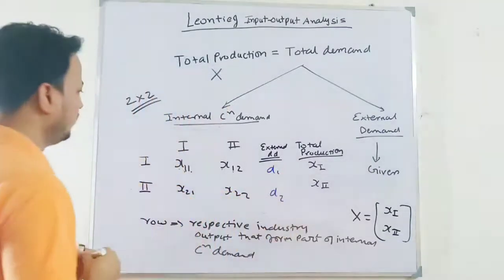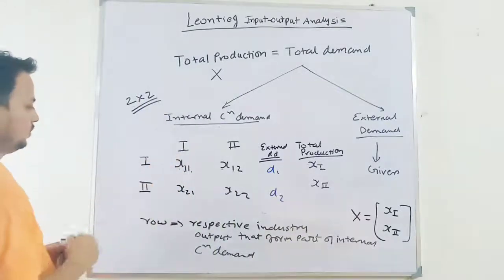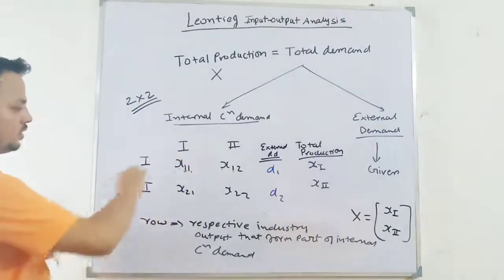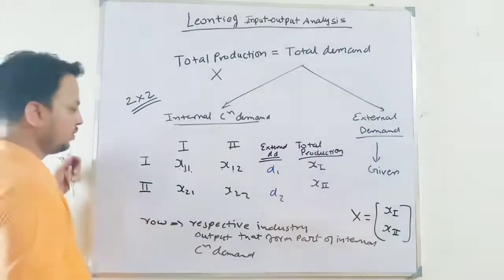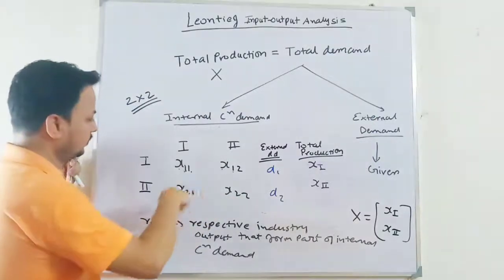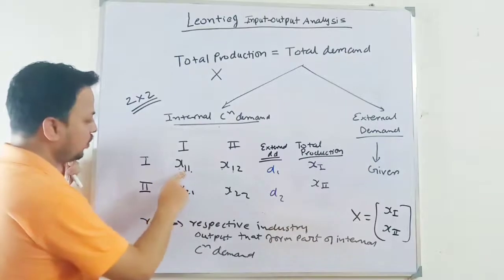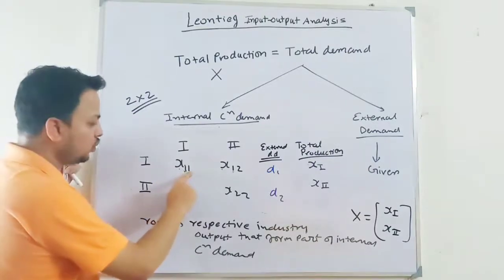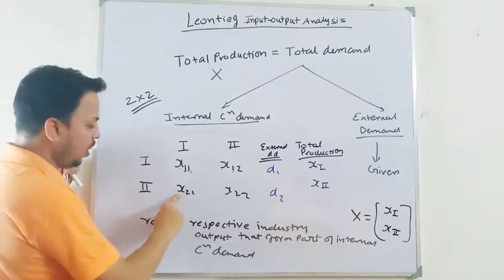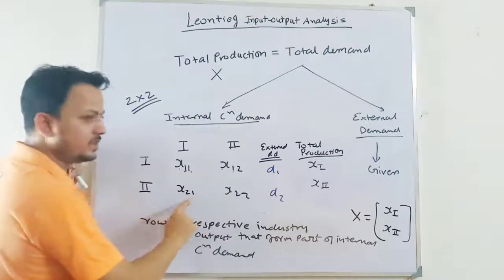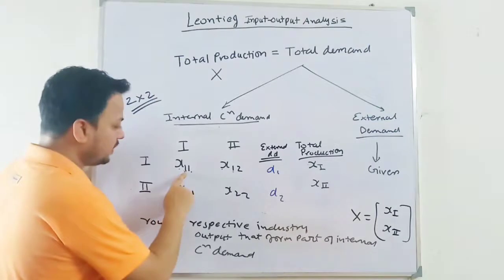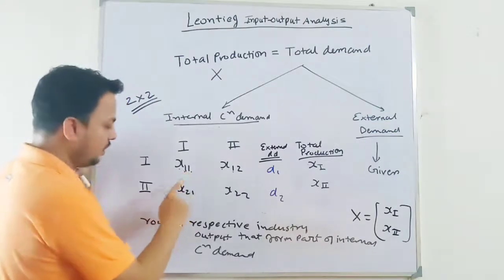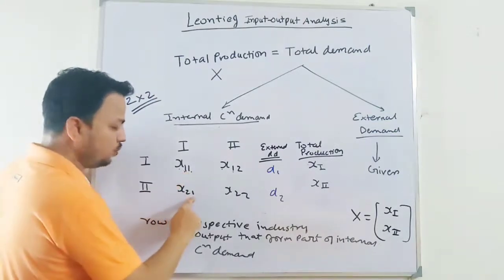Now, I need to explain the column also. The row represents production of industry 1, and the second row represents production of industry 2. Now look at the column. Output of industry 1 used by industry 1, output of industry 2 used by industry 1. One more interpretation: output of industry 1 consumed by industry 1, output of industry 2 consumed by industry 1.